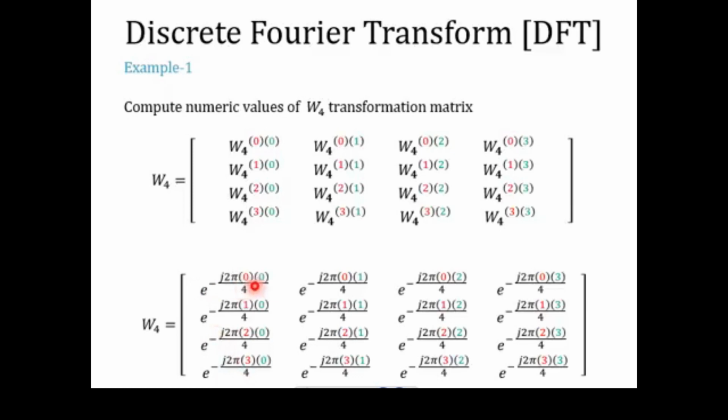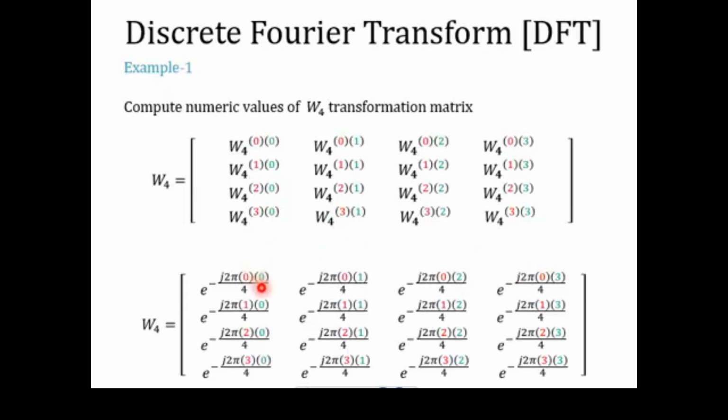As you are observing, the zero index values in the first row and first column. The values of first row will be equal to 1 due to K is equal to 0 in all of these 4 entries. Since the first row of W matrix is going to be utilized for the calculation of DC harmonic, that's why the K index is 0 in all these 4 entries.